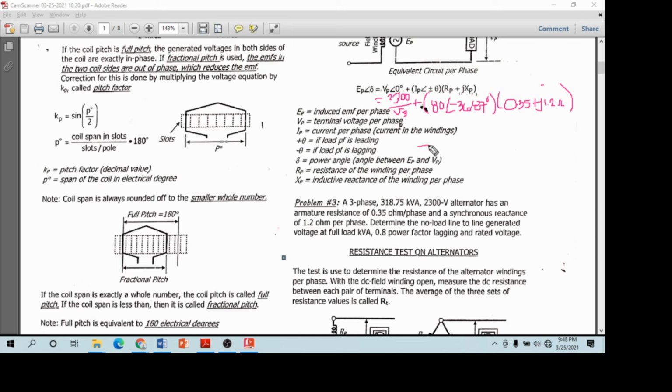So simplify that one. Your EP for the induced EMF per phase is equal to how much?